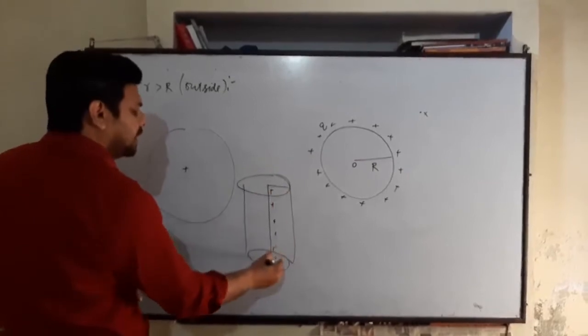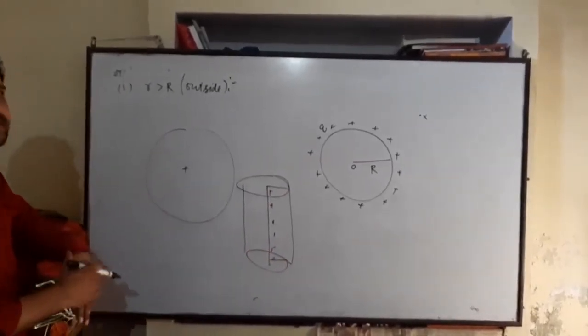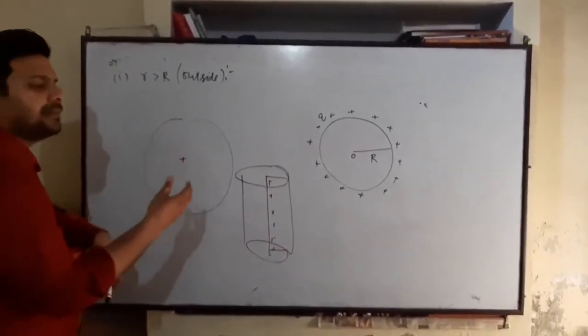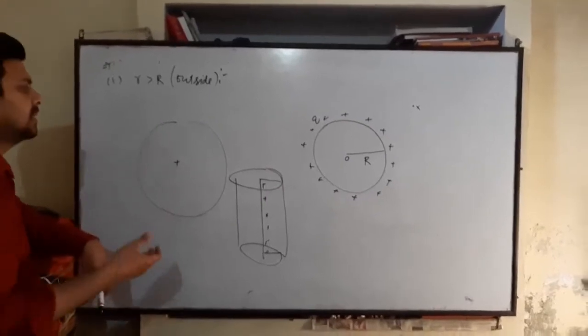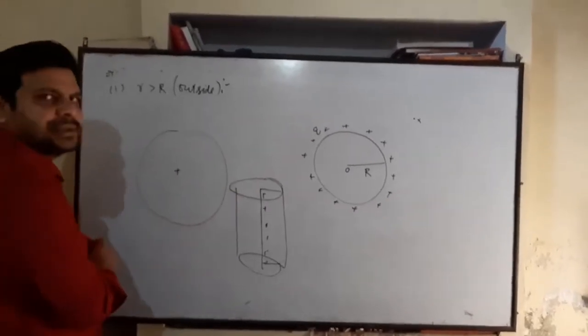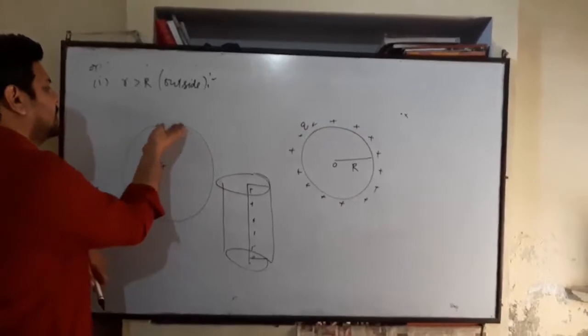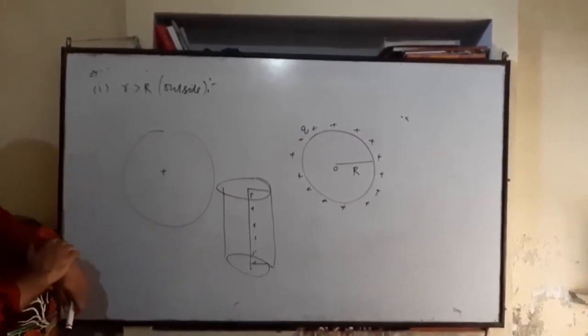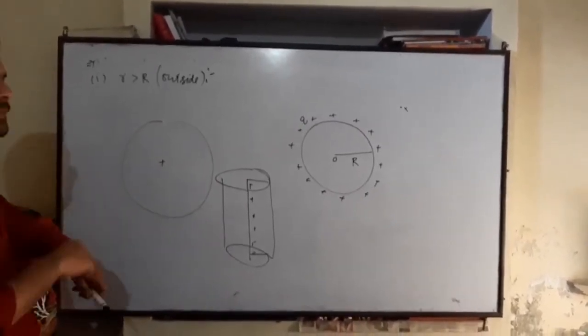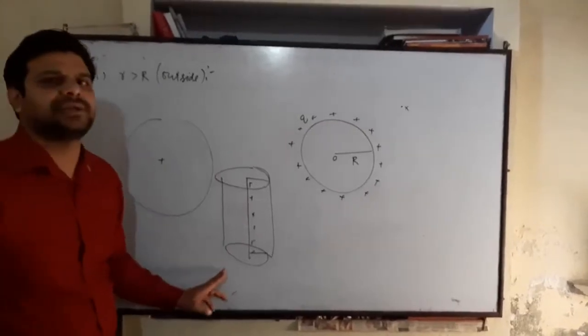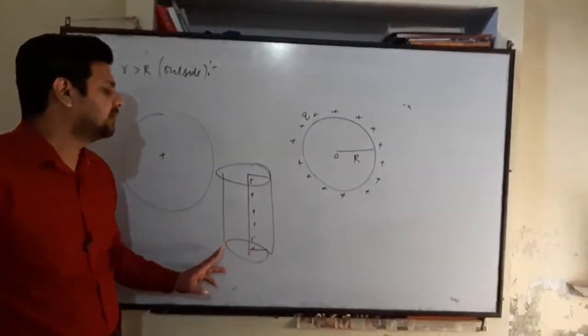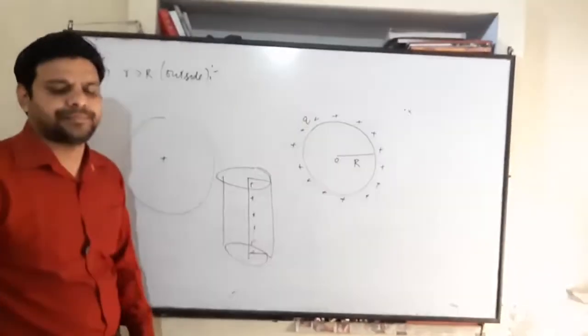We are studying only symmetrical Gaussian surfaces. It may be any shape or size, but in your syllabus, for a point charge the Gaussian surface is spherical, and for a line charge it is cylindrical.